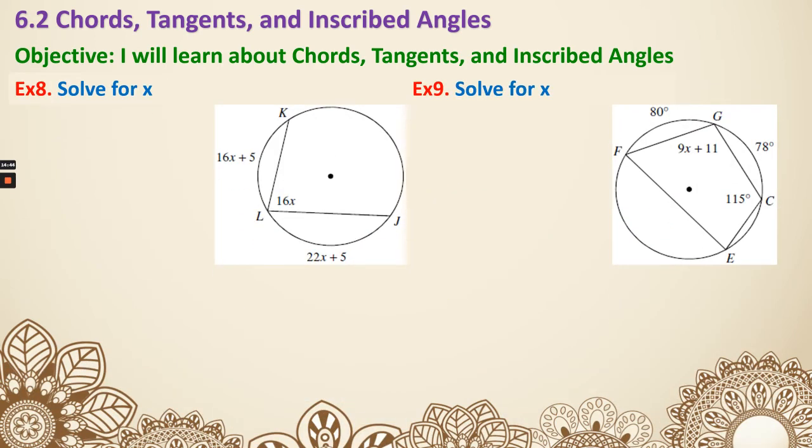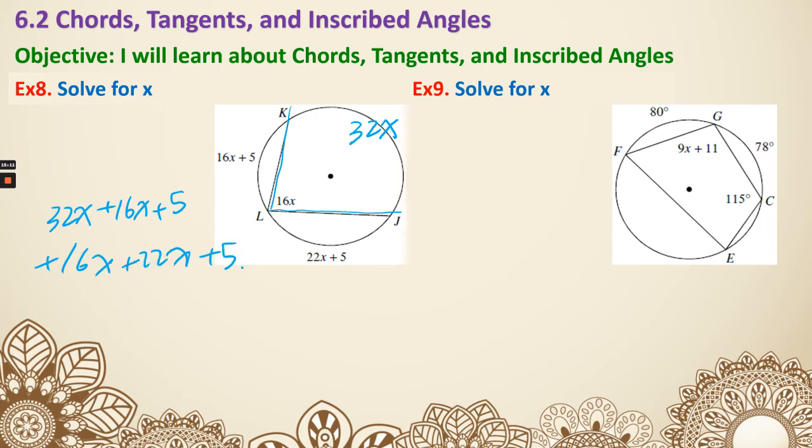Solve for x. Well, this is the inscribed angle, which is 16 degrees. That means the arc is going to be twice of that, which is 32x. Now I actually have every single arc on the circle labeled. So all I need to do is add them all together equal to 360. So 32x plus 16x plus 5 plus 16x plus 22x plus 5 is going to be equal to 360 degrees.